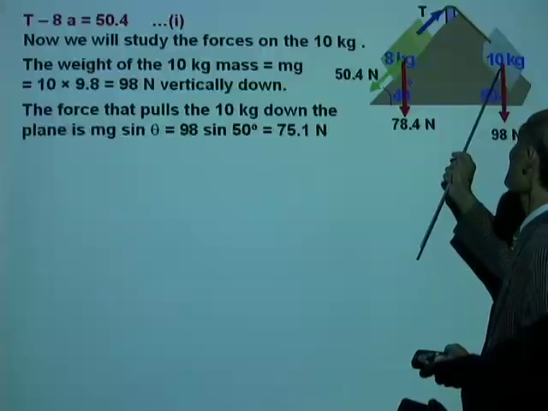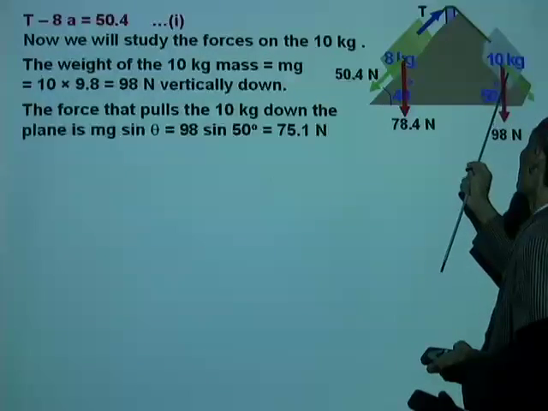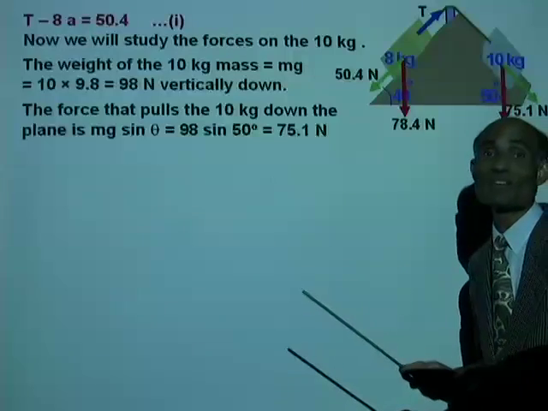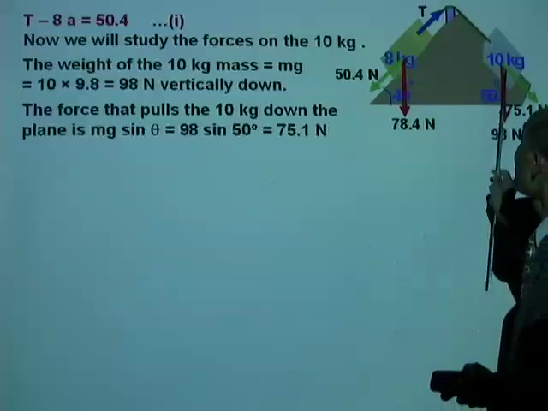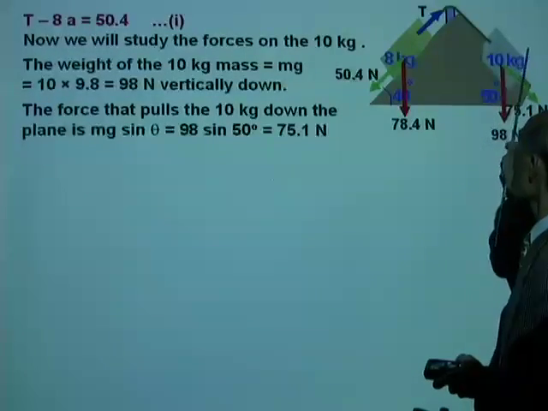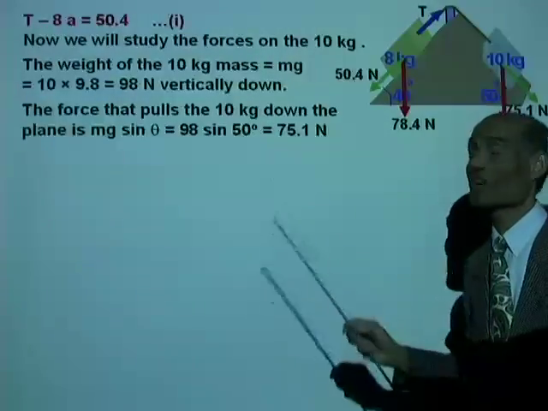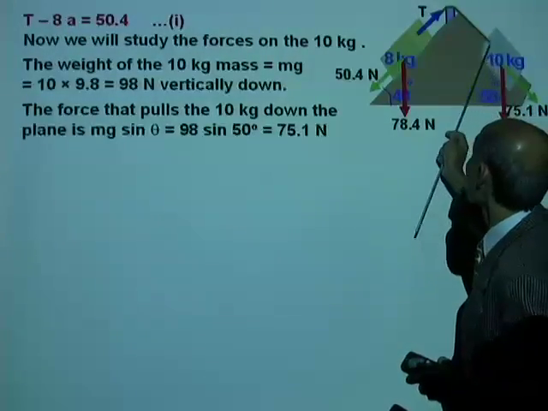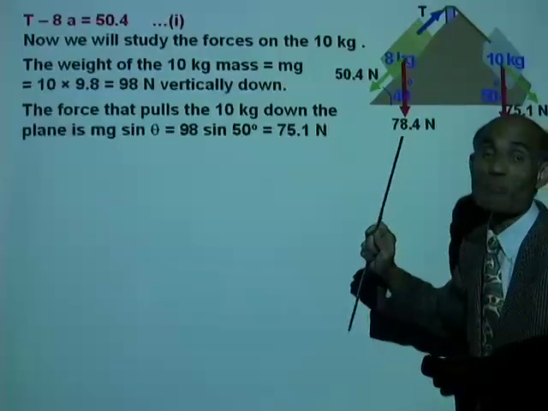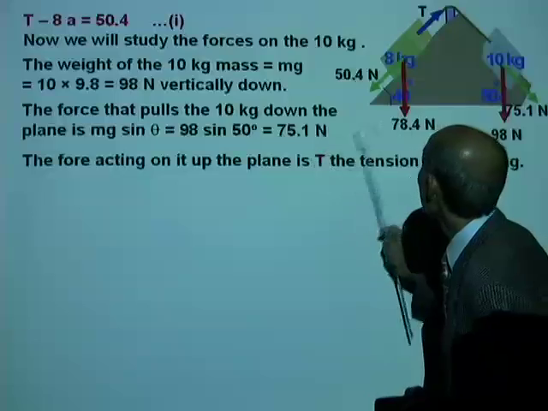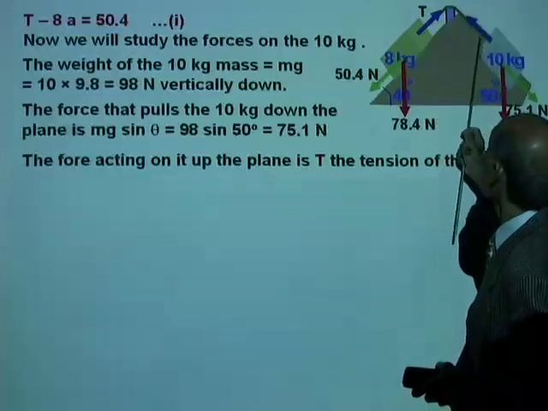That is the force pulling the 10 kilogram down the plane, 75.1 Newton. Now, do we need to consider the forces at right angles? We don't, because they cancel each other. Now, what is the force acting on the 10 kilogram up the rope? The tension T is acting up the plane.